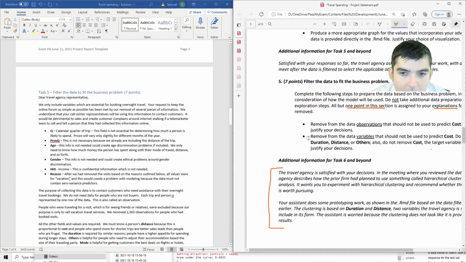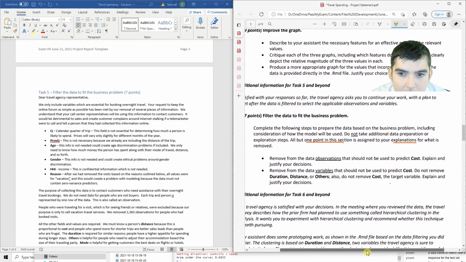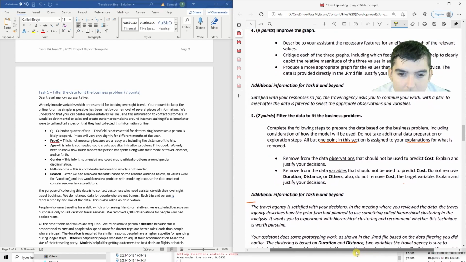Task 5. I think that task 5 is for a non-technical audience. It says, a travel agency asks you to continue your work.